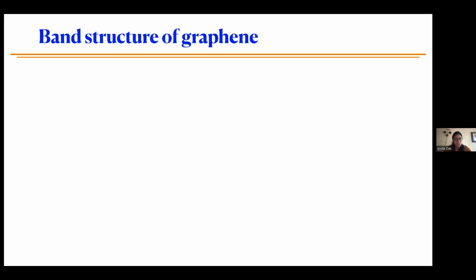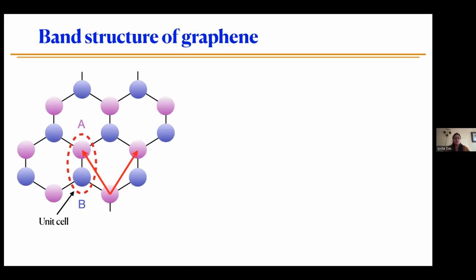Just to give you a very brief introduction of graphene, we all know that graphene is a honeycomb hexagonal lattice made of carbon atoms. From the chemical point of view, they are the same, they all are carbon. But if you consider the crystallographic structure, the pink ball and the light blue ball are different because of their interatomic interaction, so we call them A and B sublattices, and they form the unit cell in my graphene crystal.